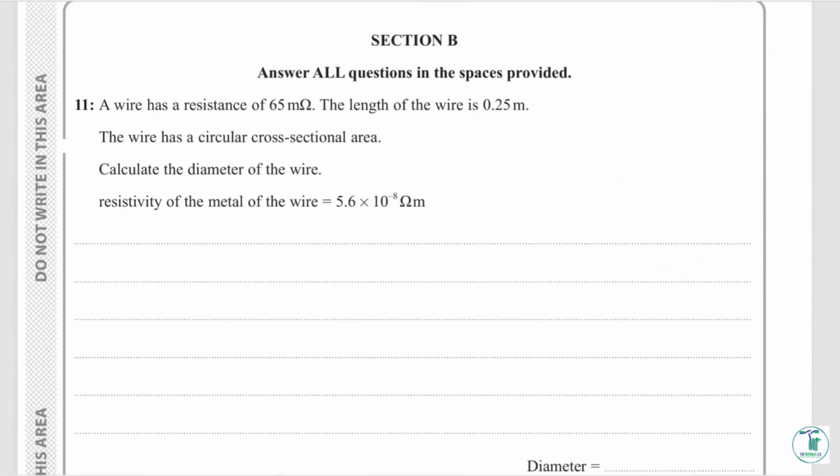Now we have got these questions. We're going to talk about the structured problems now, and we're going to start with question number 11. In question number 11, the wire has a resistance of 65 milliohms, the length is given, and the resistivity is given. We need to calculate the diameter of the wire.